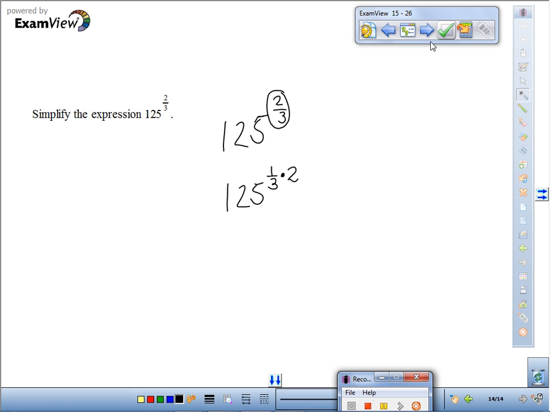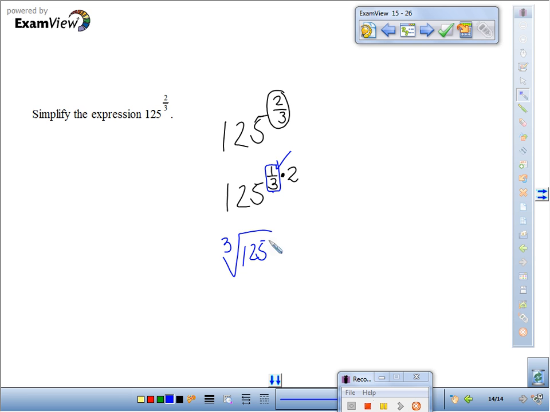Okay, let's continue. So now we know how to simplify this because we know that any number to the fractional exponent, if it has a numerator of 1, we just write the root using the denominator as an index. Cube root. And this one goes inside, 125. Everybody with me so far?